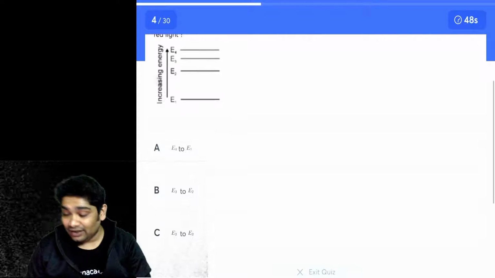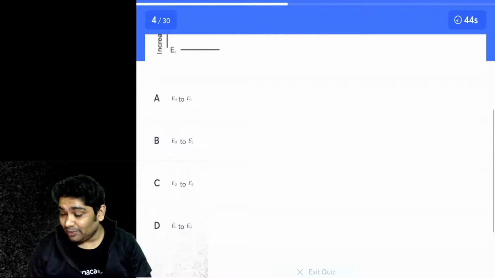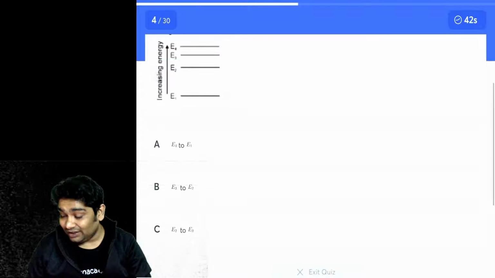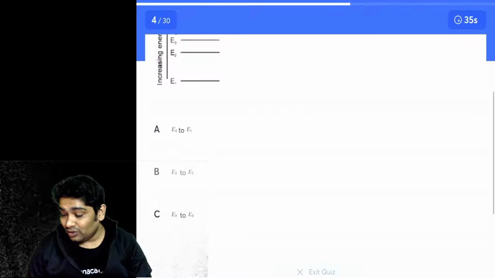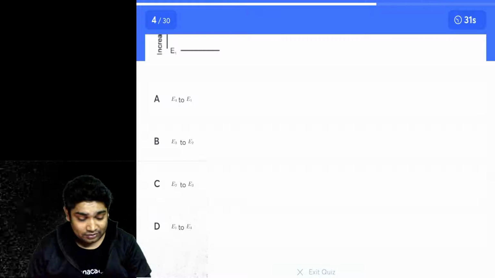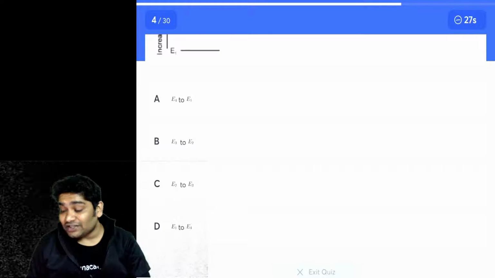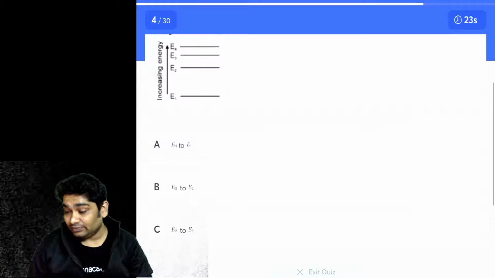Will it be from E4 to E1? Will it be from E3 to E2? Will it be from E2 to E3, or will it be E1 to E4? Okay, so which of these transitions would involve absorption of red light?